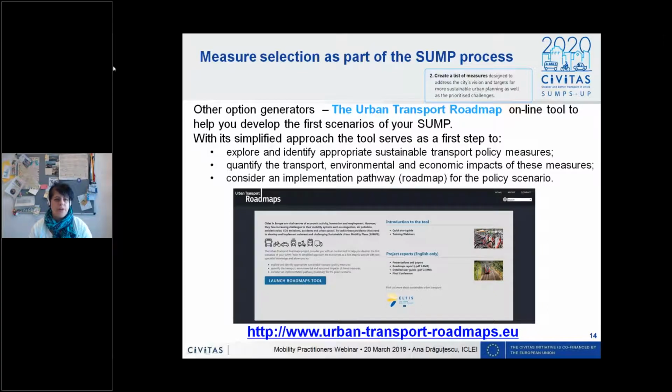So it can explore and identify appropriate sustainable transport measures, quantify the transport, environmental and economic impact of these measures, as I said, to understand the future impact, and it can consider an implementation pathway for this policy scenario. Again, you have the URL to reach this website at the bottom of the slide.